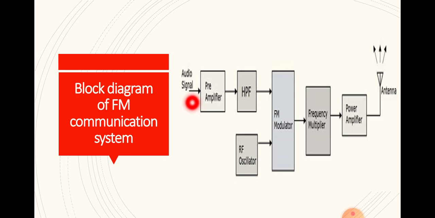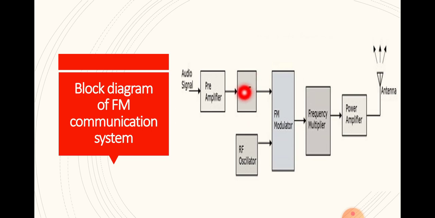So let us start the working principle of this FM communication system. The input signal, that means the modulating signal, which is the electrical equivalent of the original signal, is applied to the preamplifier. This preamplifier amplifies the audio signal and applies it to the high pass filter.